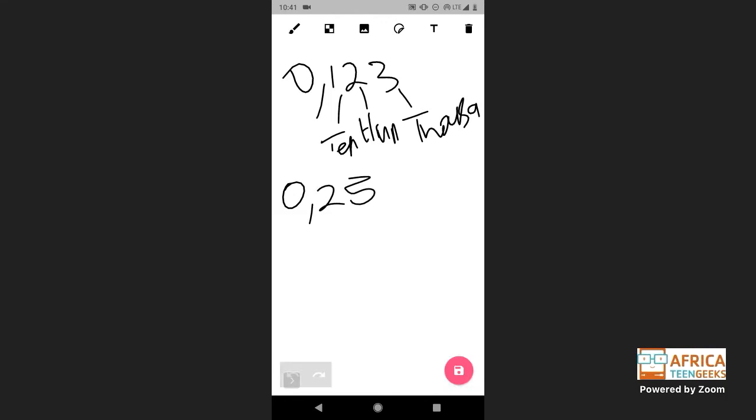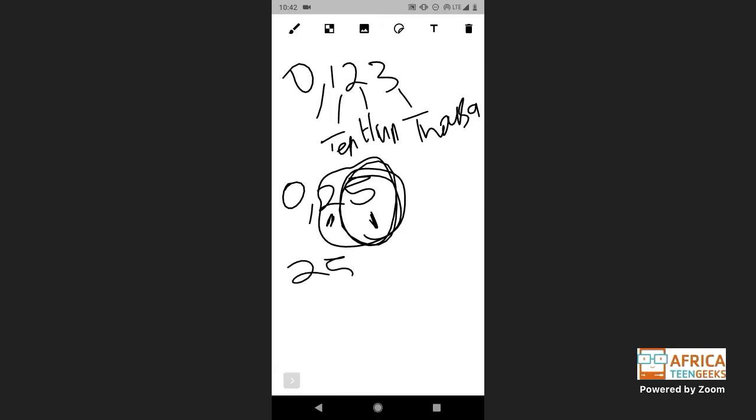Since we have 0,25, you know that this 2 right here represents our 10th, and this one right here represents our 100. So let's do it then. We'll take the value of this number, so we'll have 25 over 100.